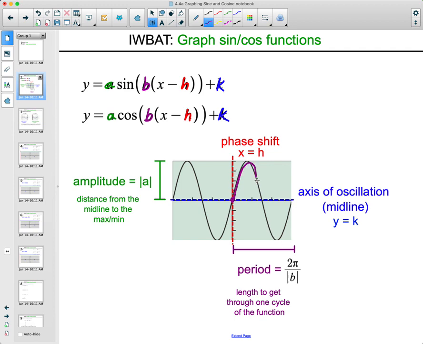That's one period. So you can look at it like that. You can also compare it peak to peak. So you could compare top to top. So this distance from here down all the way back up, that's also a period. It's the same exact distance, in this case 2 pi. So 2 pi is the normal period of the sine and the cosine function.